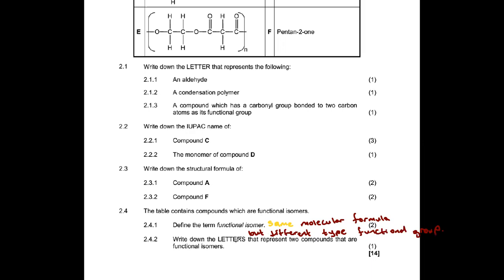And the last question: write down the letters that represent two compounds that are functional isomers. Remember, functional isomers are possible between aldehyde and ketone, as well as ester and carboxylic acid.